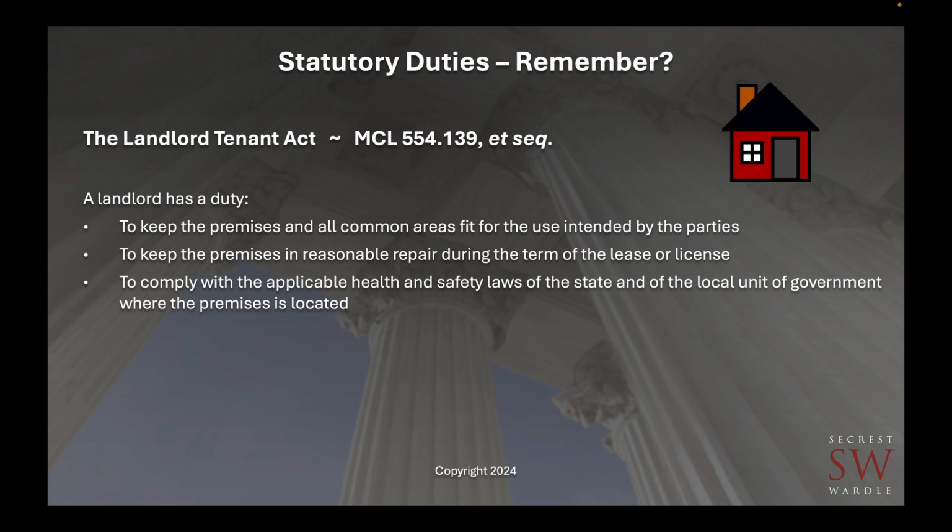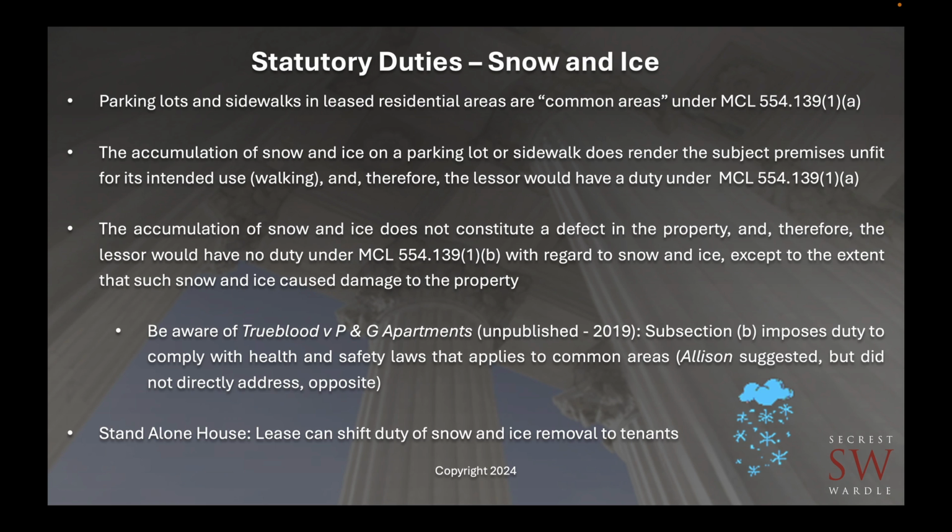There are certain rules that apply to snow and ice removal in a landlord's statutory duties. For example, parking lots and sidewalks are considered common areas, and accumulation of snow and ice in these areas can render the premises unfit for intended use, such as walking, meaning the landlord has a duty under the Landlord-Tenant Act at MCL 554.139 subsection 1A.